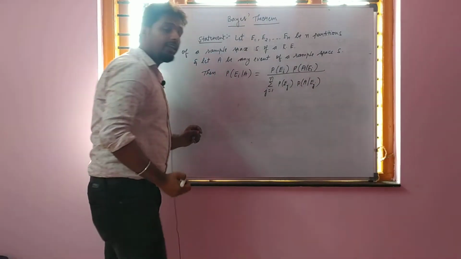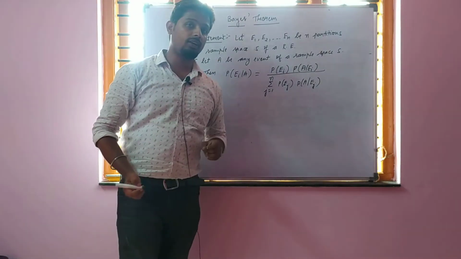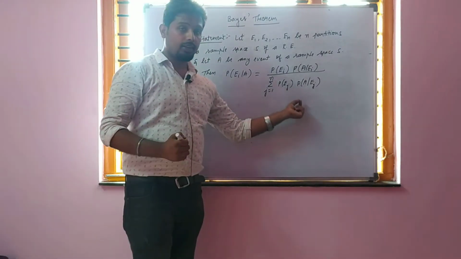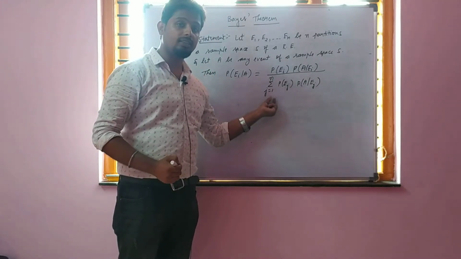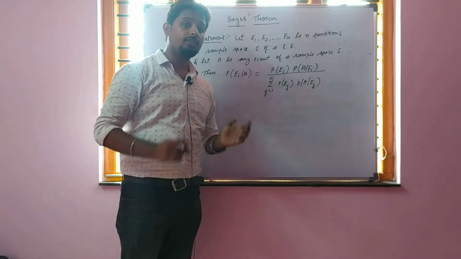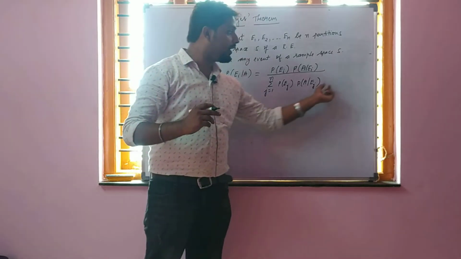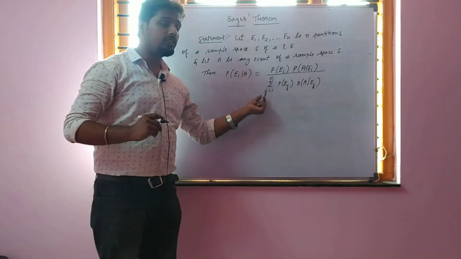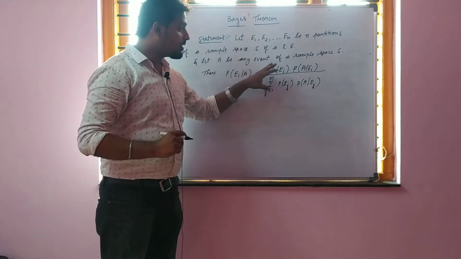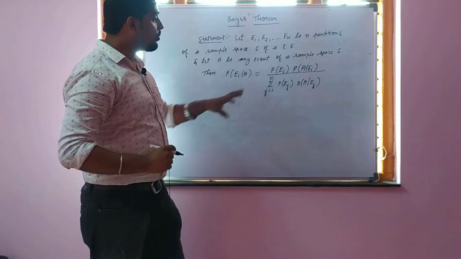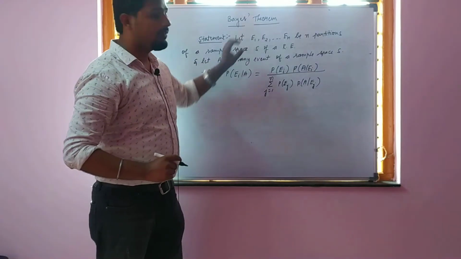If you remember that expression, please check where you wrote it down. In the denominator I had a sum, that is addition. The same thing I am generalizing here, because I have 1 to n events and can't keep on writing them all. Instead, I have generalized using the summation. Now we shall start proving it, students. To prove this, we need to see what is given.